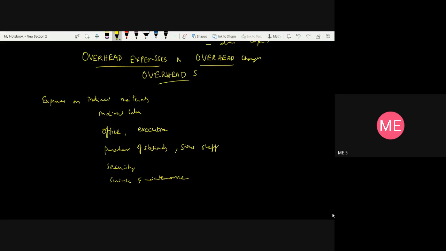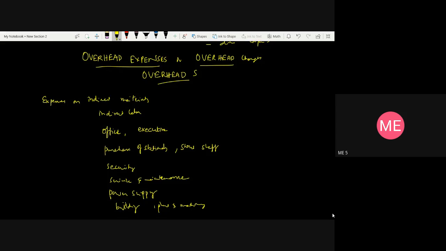and also the expenses incurred on power supply, and expenses on rents, rents on buildings or equipment, plant and machinery, which you might have taken on rent.